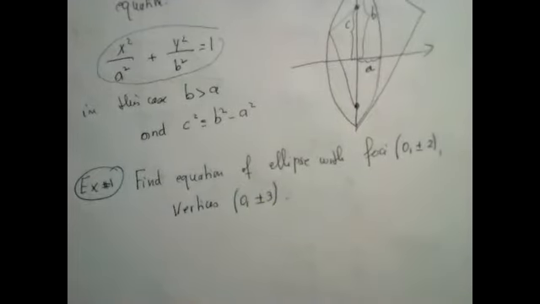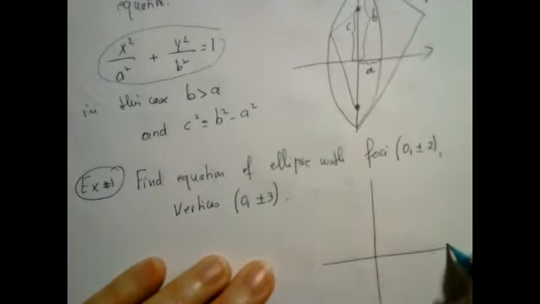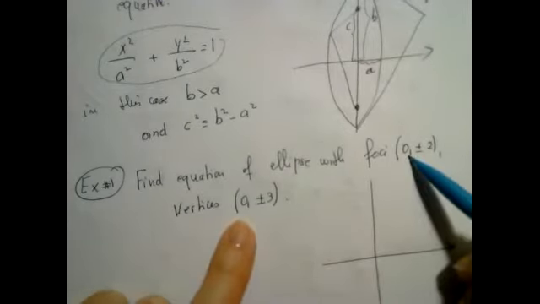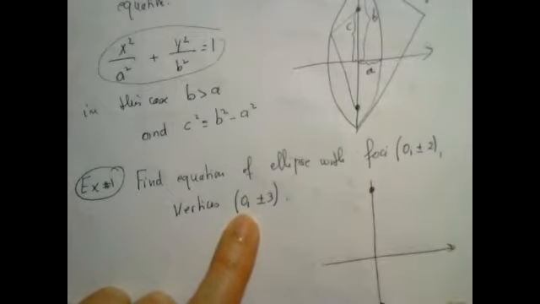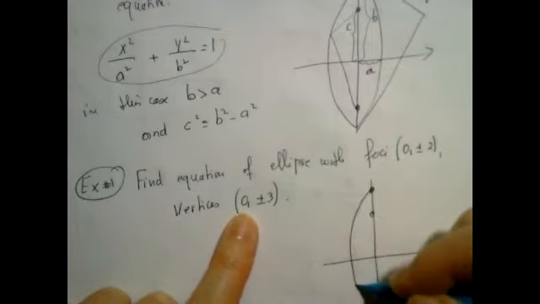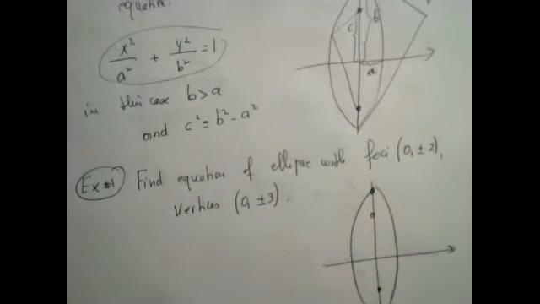So find the equation. I'm talking about the following ellipse. The foci are on the y-axis, (0, plus or minus 2), and the vertices are right here, and the foci are inside. So this is my ellipse, and the question is to find the equation of this ellipse.